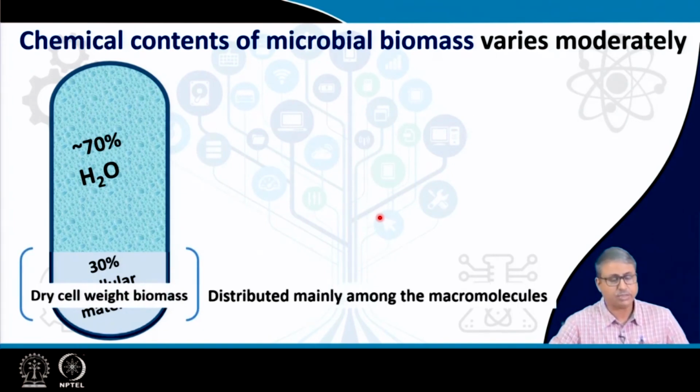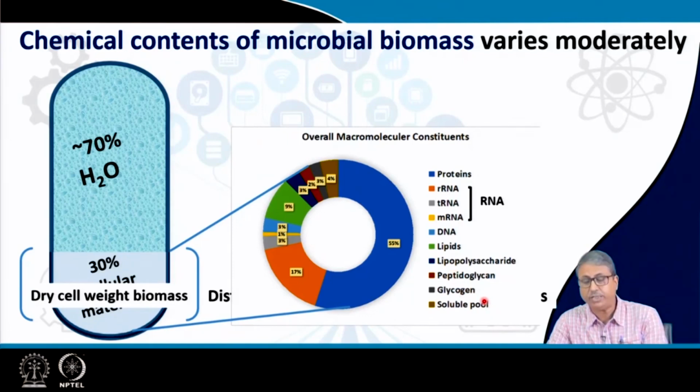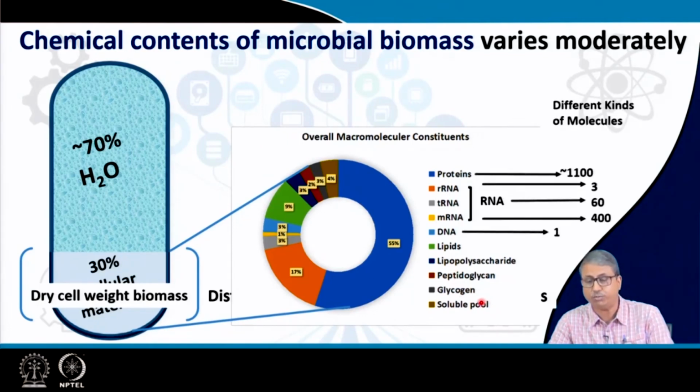Now, this 30% of the cellular material is distributed mainly among a number of macromolecules. These are protein, representing around 55%, followed by RNAs, different types of RNAs: ribosomal RNA, transfer RNA and messenger RNA. We have DNA, corresponding to around 3%, followed by 9% or so lipids, and then lipopolysaccharide, peptidoglycan, glycogen and many other molecules representing the soluble pool.